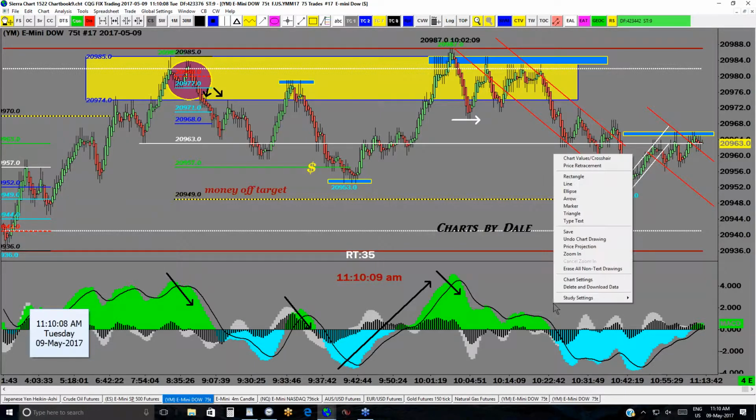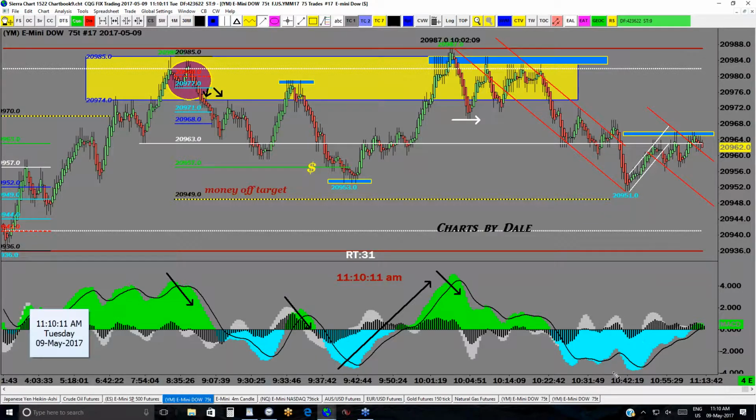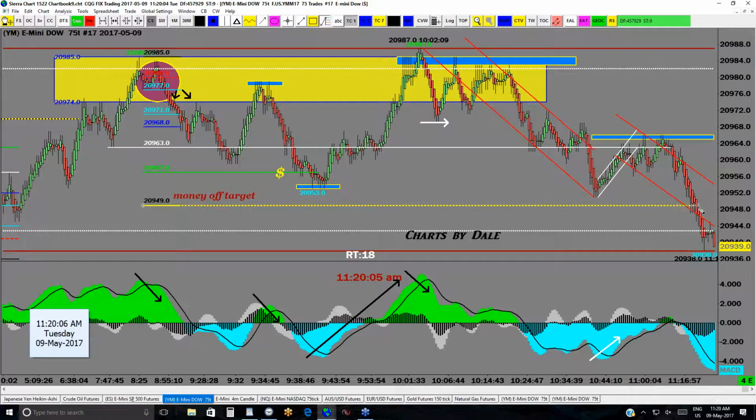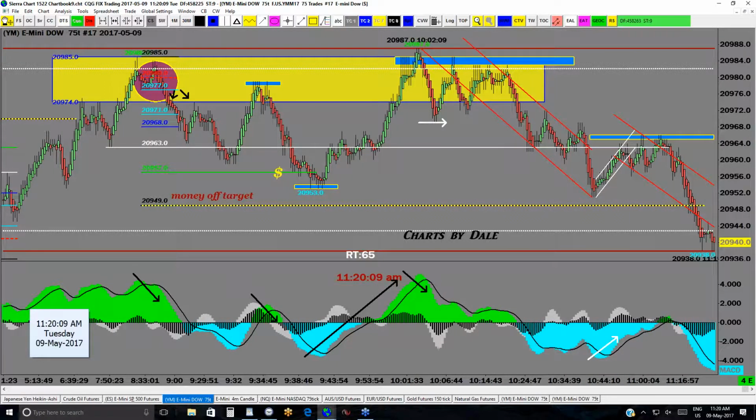MACD is coming up through, as we had mentioned. You have a cross on MACD when we last spoke here. However, it is running into that resistance area, so the target 949 is still in the queue. There's the follow through on the resistance on the YM. So that target is reached.